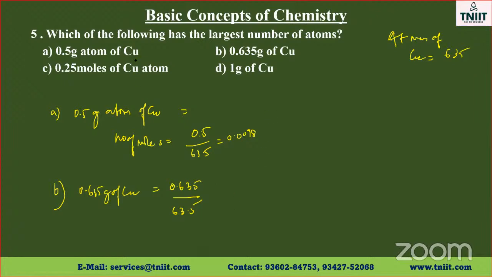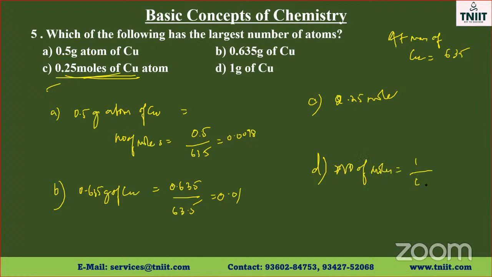Now the next one, largest number of atoms. See the third option, they have changed it. 0.25 moles they were given. So the third option is 0.25 moles. We'll keep it like this. The fourth option, they've given 1 gram of copper. So number of moles is equal to what? 1 divided by 63.5 is equal to 0.0157.